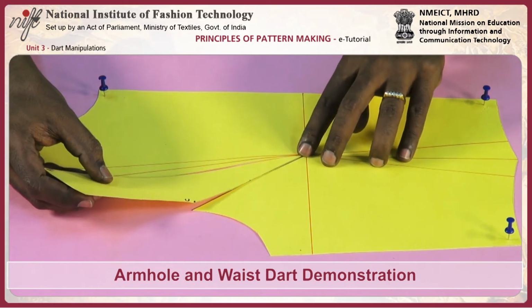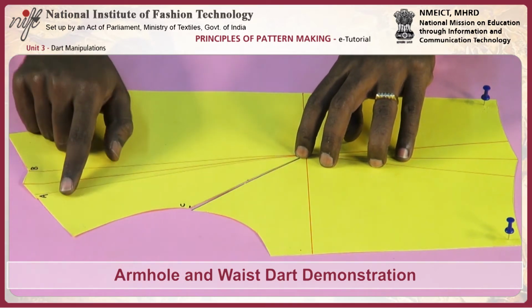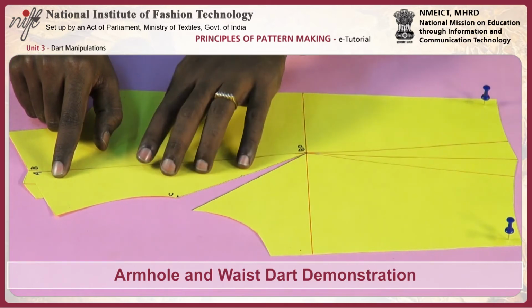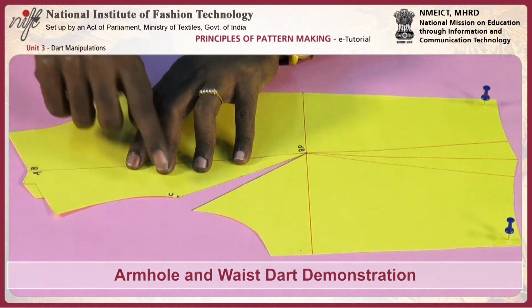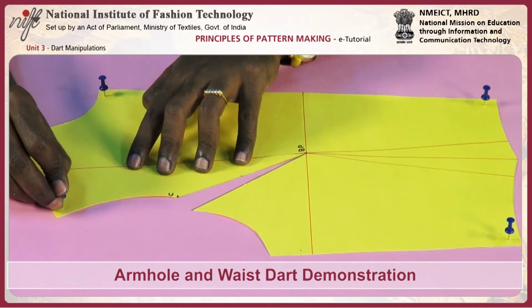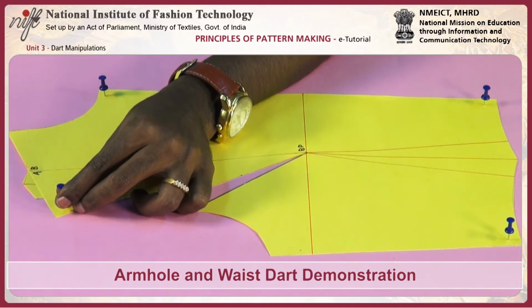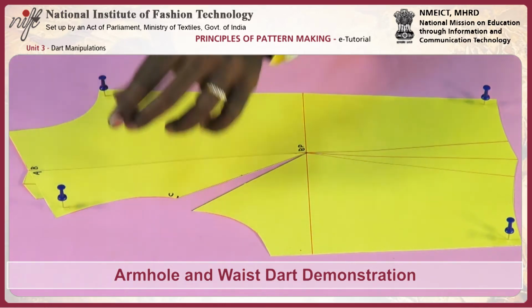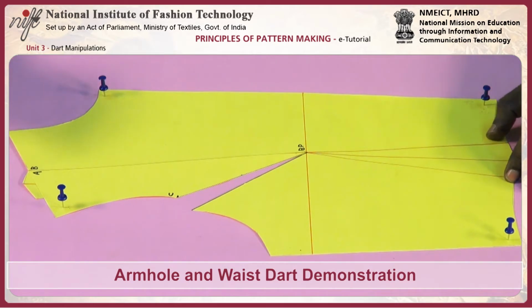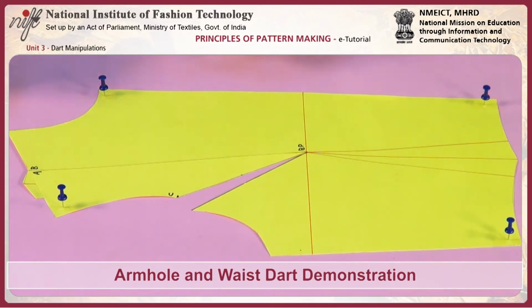Now pivot at the bust point and close A to B. By closing A to B, the dart will open at C. Pin it. Now we have to trace this pattern, trace all the corners.